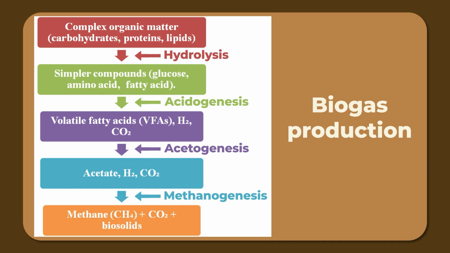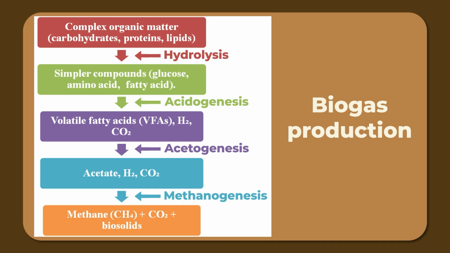Then there will be the action of another group of microbes, the acidogenic bacteria, which will produce volatile fatty acids from the simpler compounds, and also some hydrogen and carbon dioxide. Then another group of microbes, the acetogenic bacteria, will lead to acetogenesis. That means they will produce acetic acid or acetate, hydrogen and carbon dioxide from these volatile fatty acids.